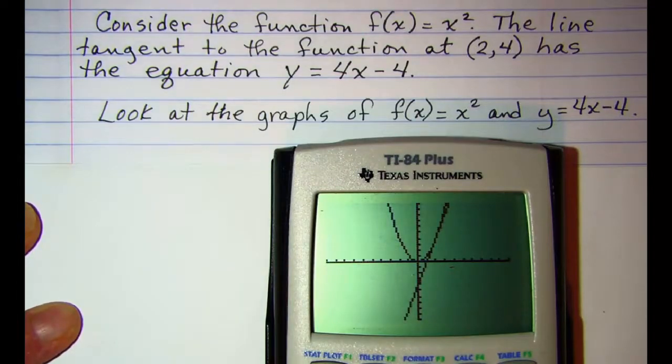Now this is both of our functions graphed on the same coordinate plane. What we want to do is zoom in on the point (2, 4).